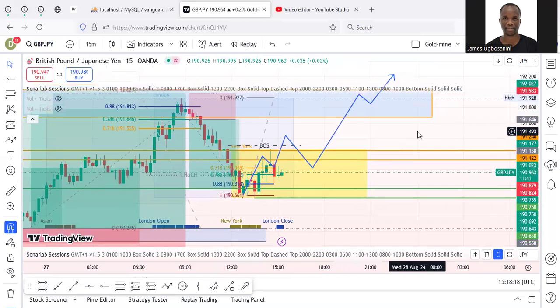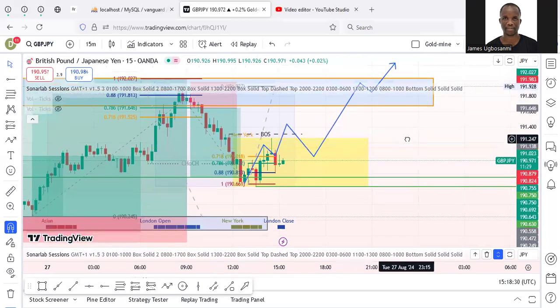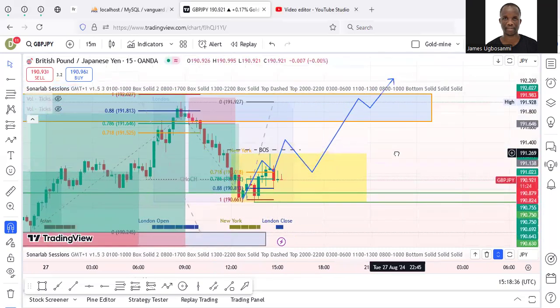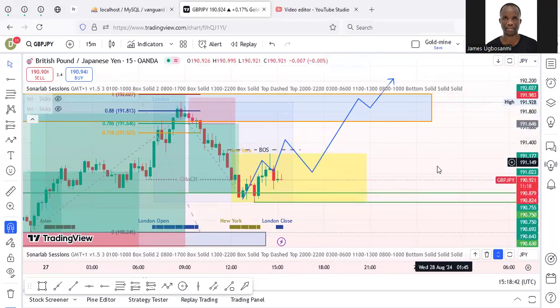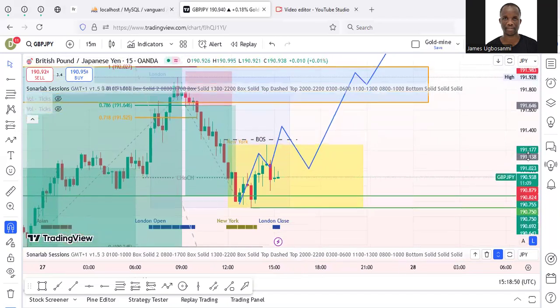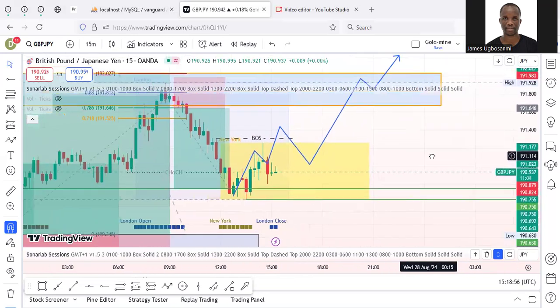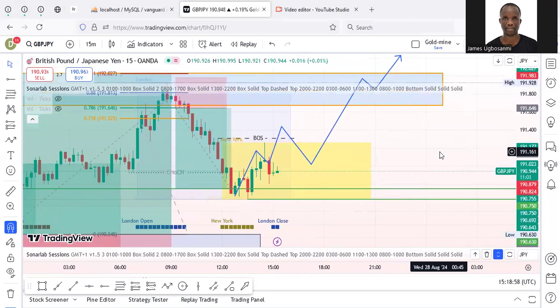Let me remove some of these lines so that the chart is very, very clean. Okay, I think it's a bit cleaner than before. Is it clearer? I just want to zoom in a bit. Is it okay now? Yeah, it's okay.